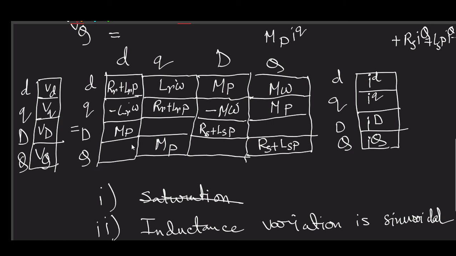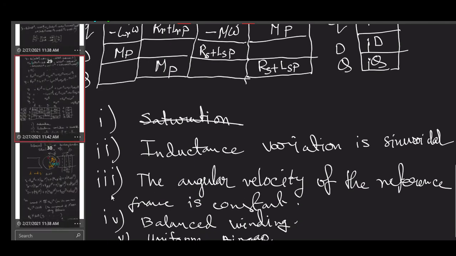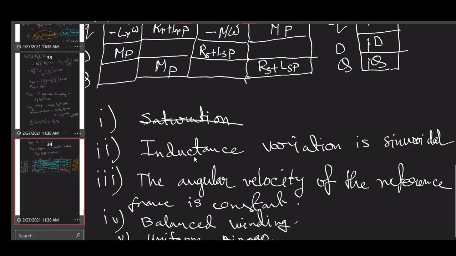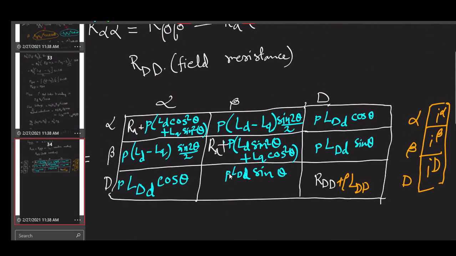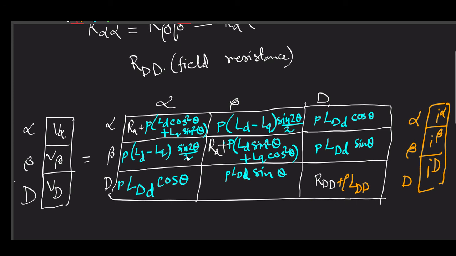But here, for our salient pole machine, all the matrix entries are filled up, and for some typical value we can find out the value of LQ. You know the meaning of LD and LQ, still we can find their value.